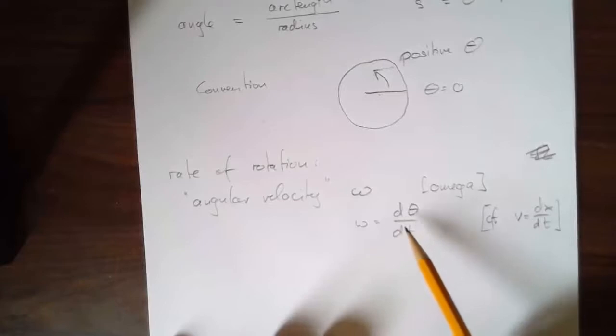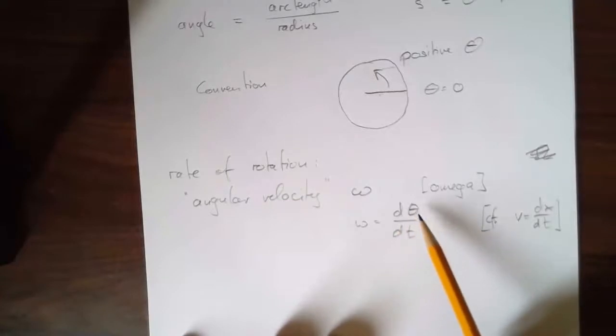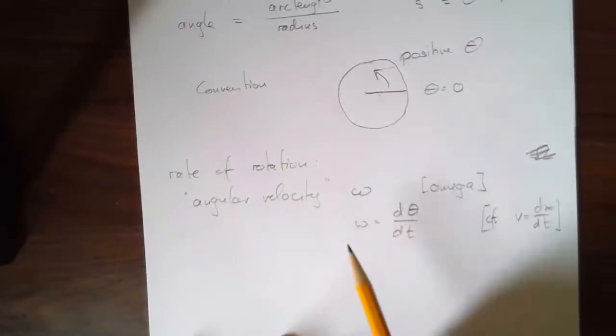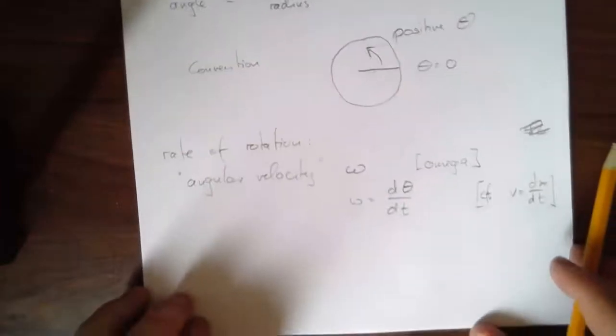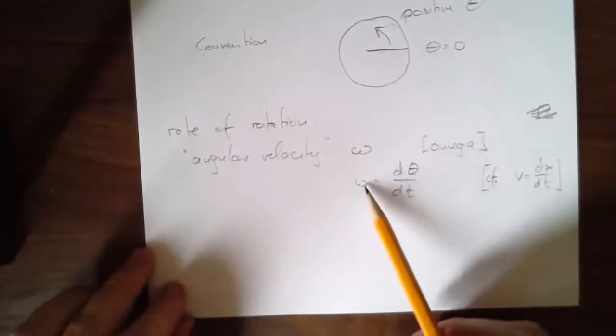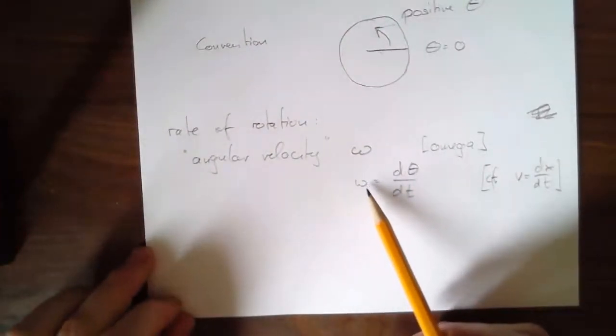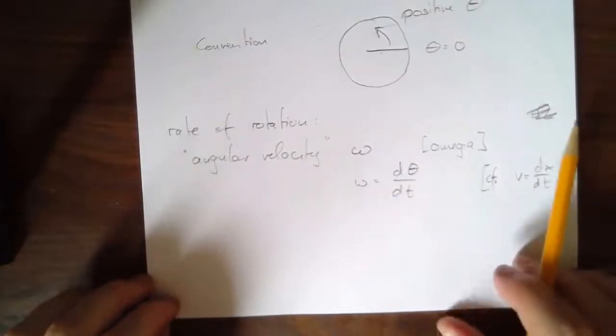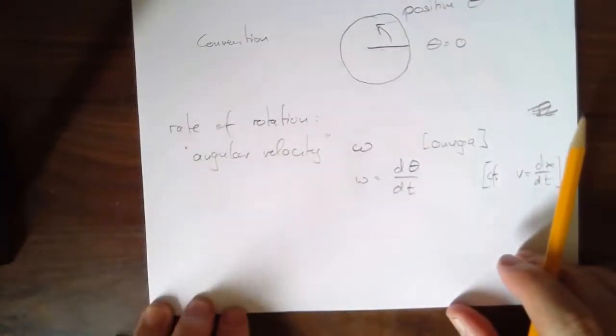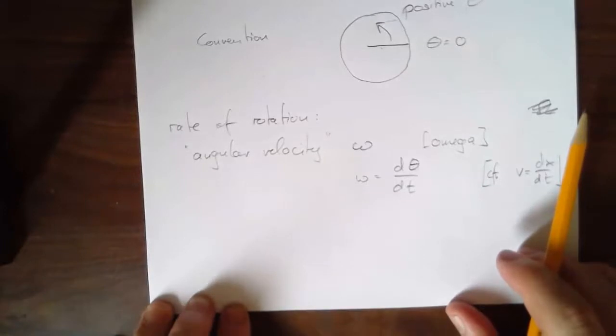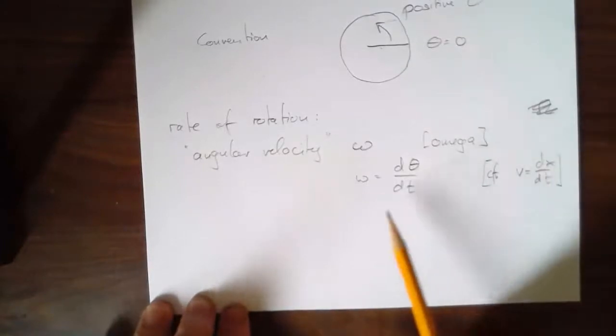But for now, we're essentially doing one-dimensional angular kinematics. Right, so d theta dt, there's only one angle here to think about. Now, of course, we might have a very simple situation where this is just a constant, right? The angle is changing at a constant rate.